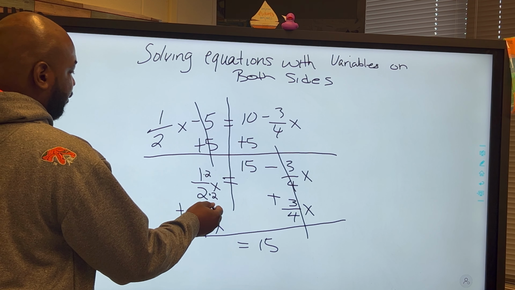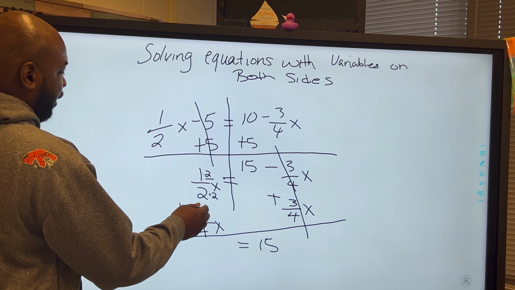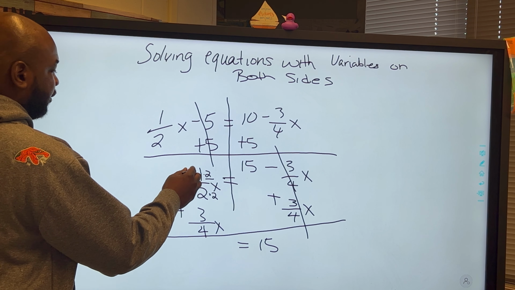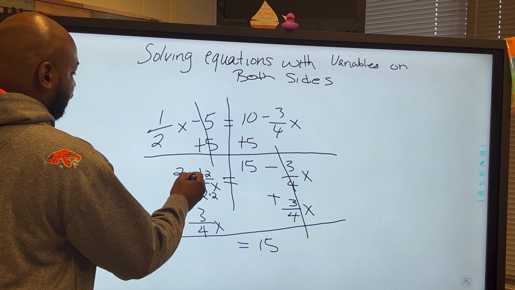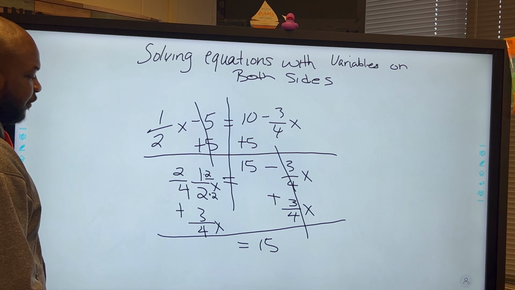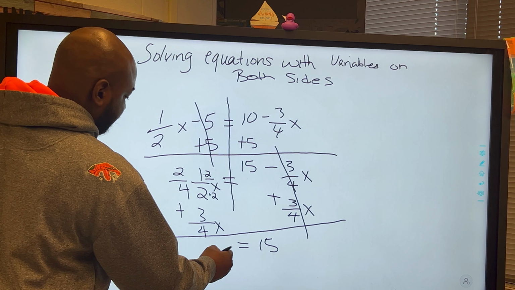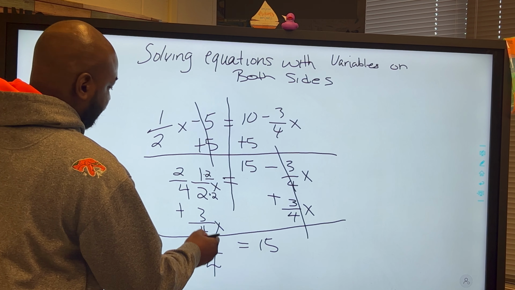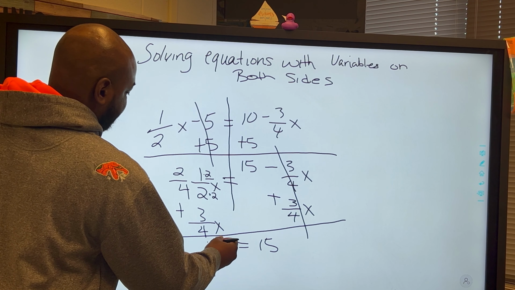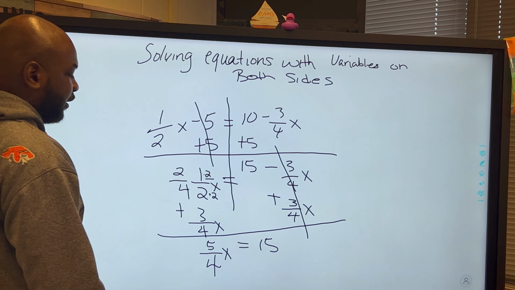Right now I'm actually making this into a whole number, 2/2. Then 1 times 2 is 2, and 2 times 2 is 4. So now I have 2/4 x. Remember, we keep our denominator, which is 4, and we only add the numerators, 3 plus 2, which is 5. That's 5/4 x.